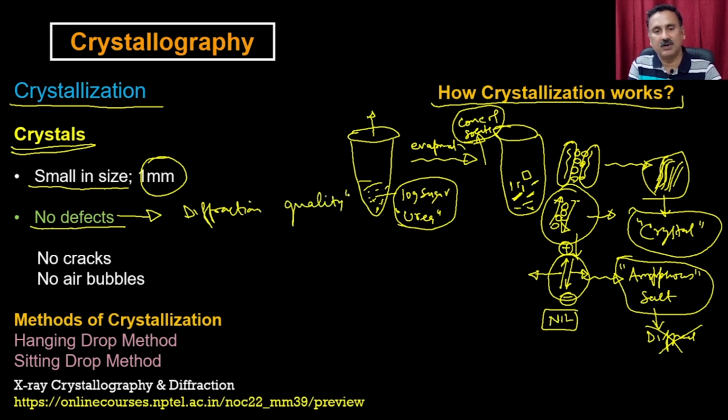What are the defects? You should not have any cracks, any air bubbles, or any mosaicity, which means heterogeneous nature of the proteins present in the particular crystal.